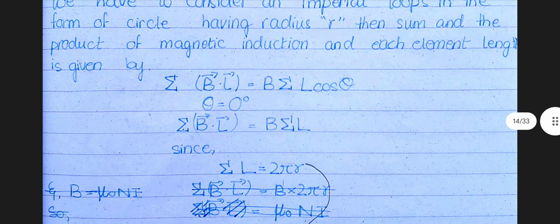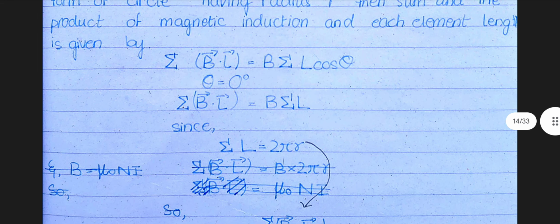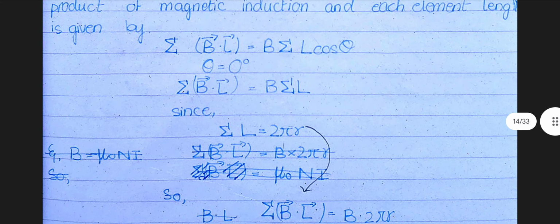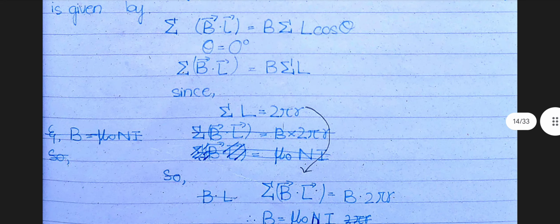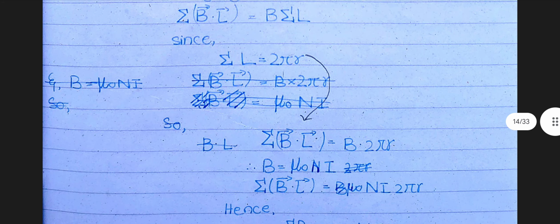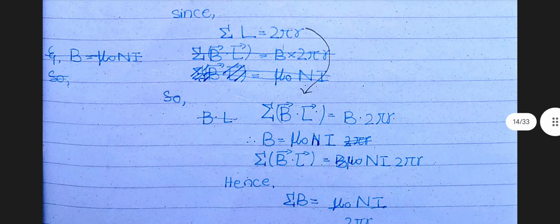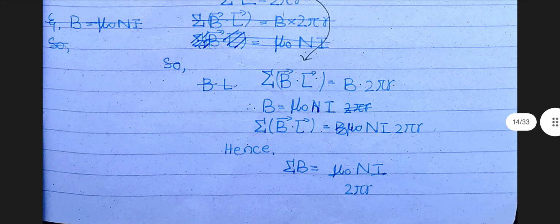Theta is equal to 0 degrees. Summation B vector dot L vector is equal to B summation L. Since summation L is equal to 2 pi r, summation B vector dot delta L vector is equal to B times 2 pi r. B is equal to mu naught nI.